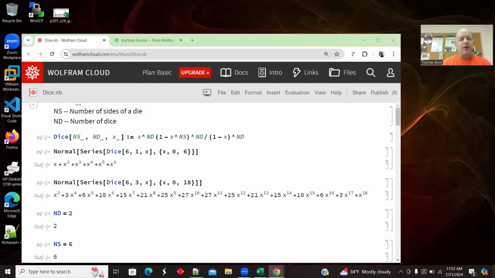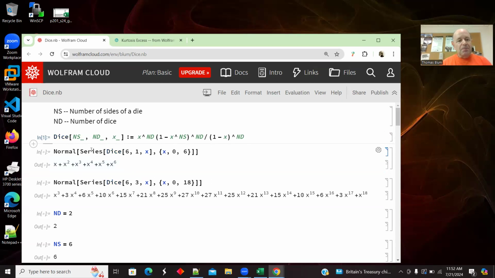Okay. And so I make this generating function dice that depends on NS, ND, and X. I'll put it in and then I'll expand it and show how that makes sense. Shift enter. Okay.